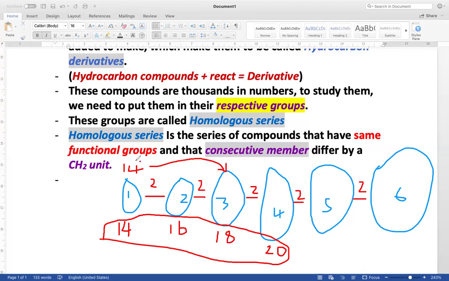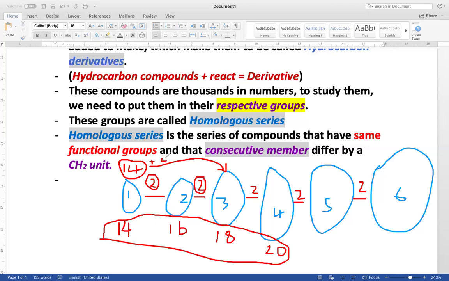By knowing the difference between the first and the second, and the second and the third. Exactly. So if we know that the difference is a 2 and a 2, we just add the 4, right?